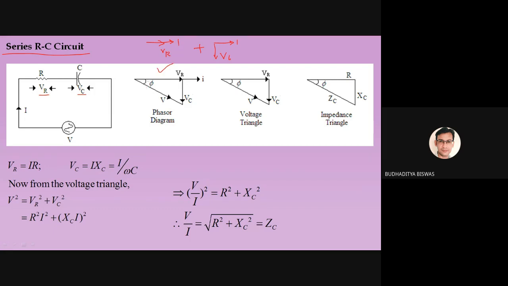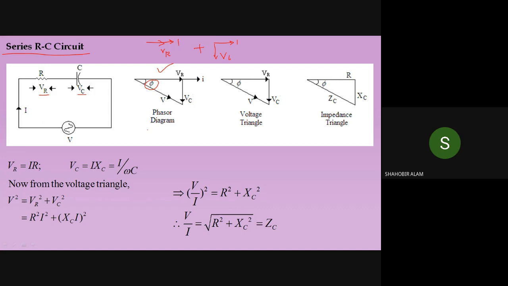This is actually the reverse of the RL circuit, and here the phase angle is obviously leading or lagging? Sir, the current is leading. Very good.